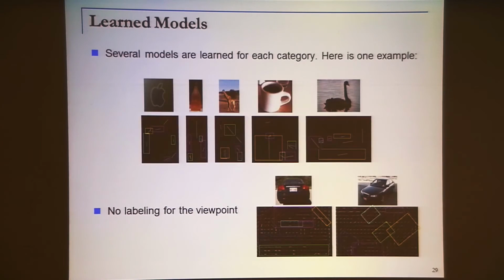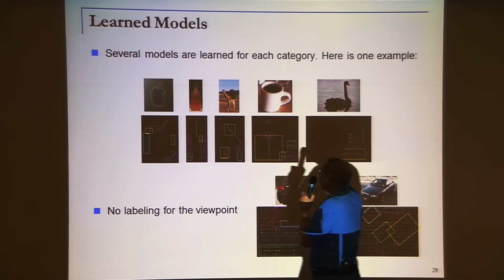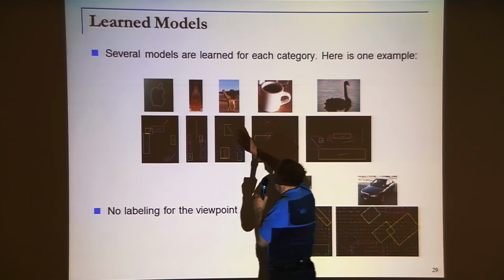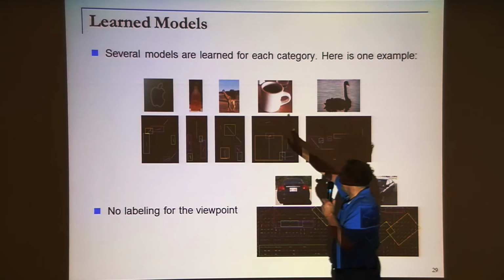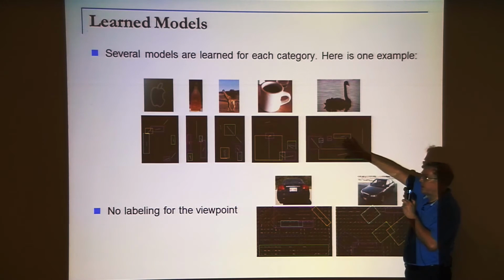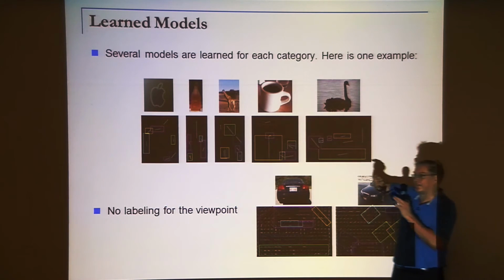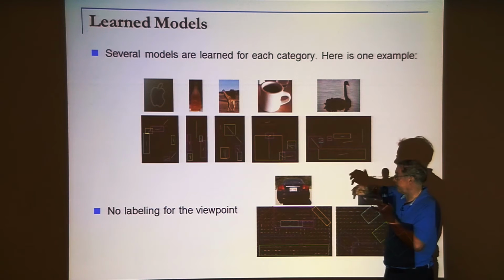Okay, so here are some of the models that we learn for each category: an Apple logo, bottle, giraffe, cup, things like that. You can see the parts we learn here are not necessarily semantically meaningful, which is a limitation of these types of models.